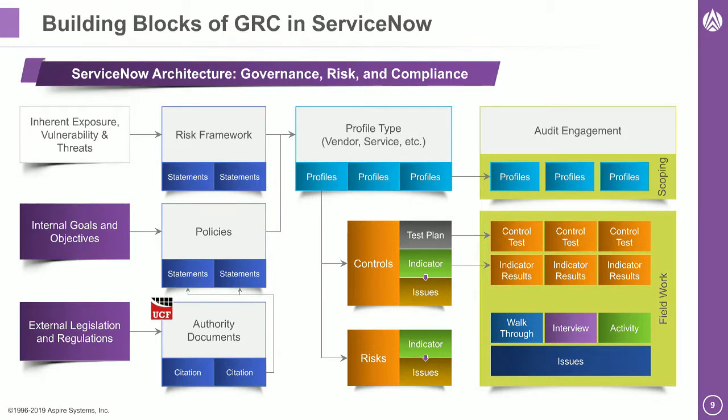Now I hope you understand what an authority document is. Authority documents are all the standard documents or regulations released by the regulators. We have an external interface to all the regulations and standards through UCF, and this we have brought into ServiceNow. These are the requirements for our governance practices.